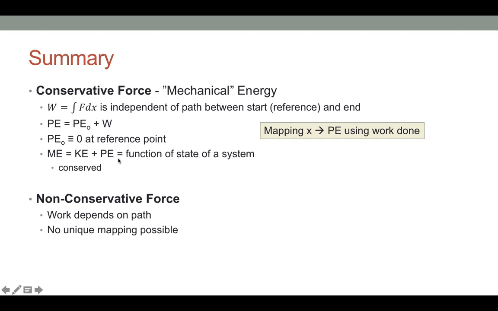That is now a function purely of the state of the system, and we'll say that is what we mean by being conserved. For non-conservative forces, I cannot make that path independence. The work does depend on the path. I cannot make a mapping from points in space to values of energy. Therefore, that we're going to call a non-conservative force.